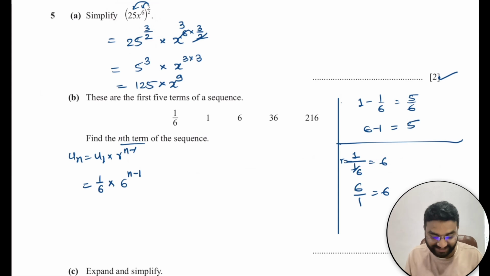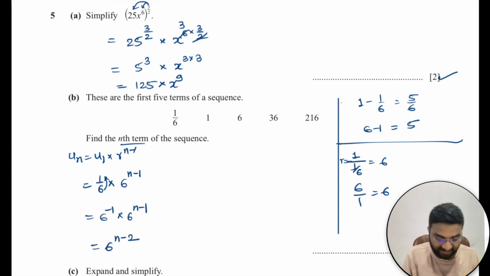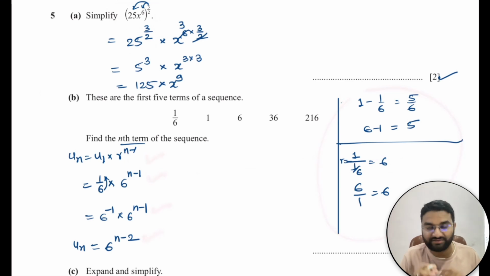Isn't it easy? Then move this 6 to the numerator. It will be 6 to the power negative 1 times 6 to the power n minus 1. So it means 6 to the power n minus 2 is the un term. Again, this is a 2-mark question, and you have to write these many steps, and you can do the rough calculation as well.